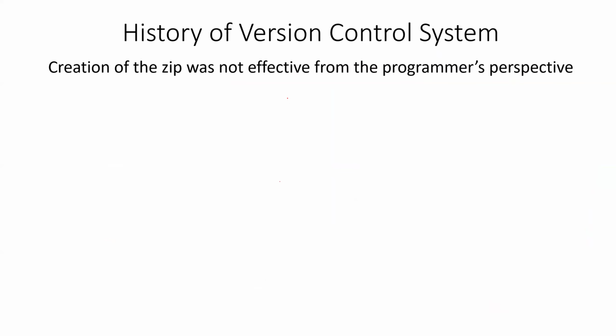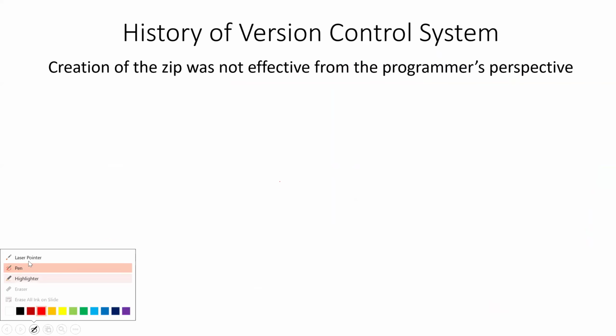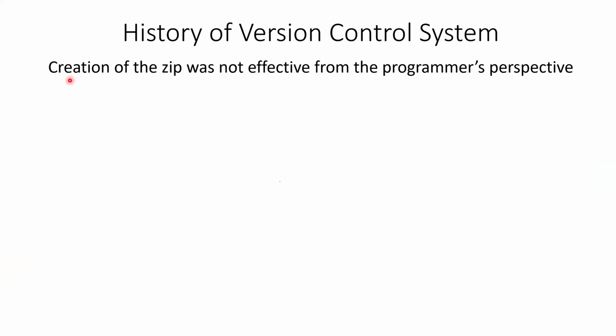So we will come to the history of the version control system, and we will see how it actually works and what is happening. The programmers had figured out that creating copies of the project was not very effective from the programmer's perspective.